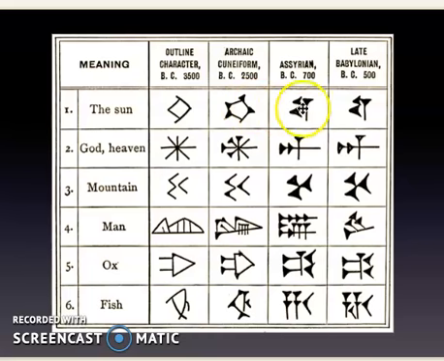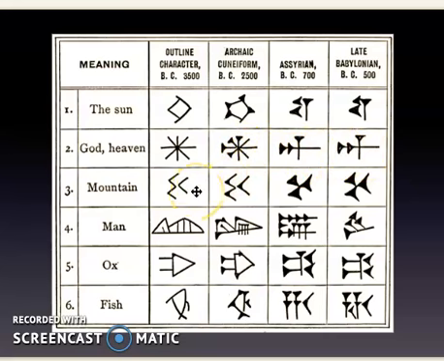Then the Assyrians, which were a group of people that lived in Mesopotamia, changed it even more until we got over here to the late Babylonians in 500 BCE that changed it definitely into shape. You can hardly see that those two things would have been the same thing, but they do mean the same thing. Then you have God in heaven, and you see a similar transition.